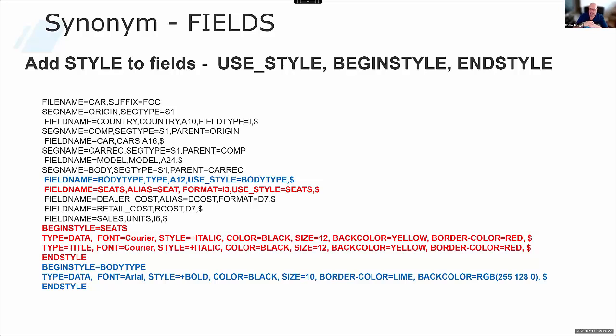So here I have begin style equals seats, which matches the name of the use style, and then what the styling is for that particular field that you want to use for seats. So you have begin style and then end style. Notice we have two different use styles we're using, seats and body type. So now when you do a report and you reference seats, it will automatically get the styling that you specified in the synonym.